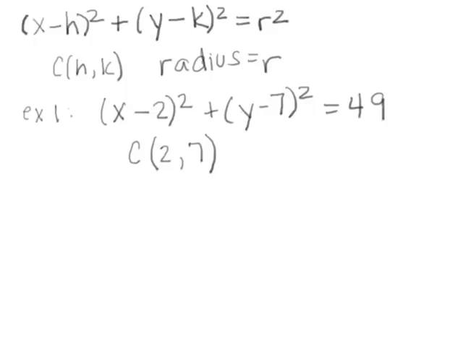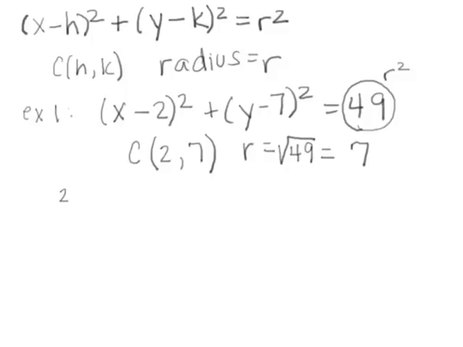So the center is (2, 7), and the radius here is, now remember that the right side of the equation represents r squared. So if this is r squared, then to get r, you must take the square root. So r would be the square root of 49, and this happens to be a perfect square, which is 7. Center at (2, 7), radius 7.